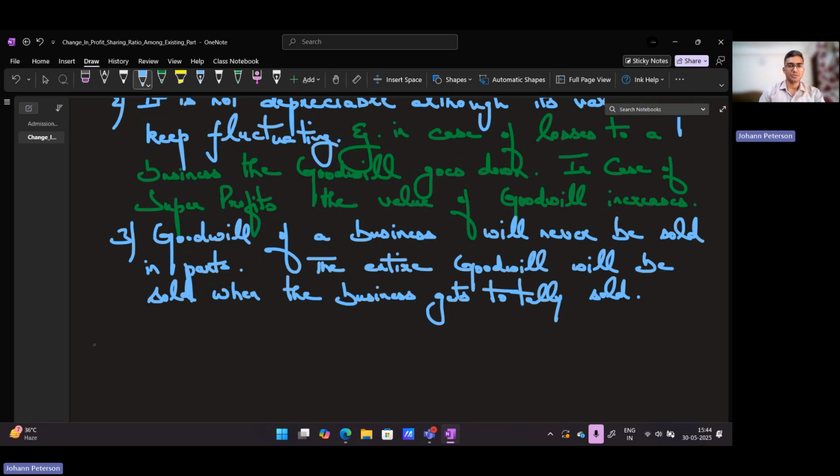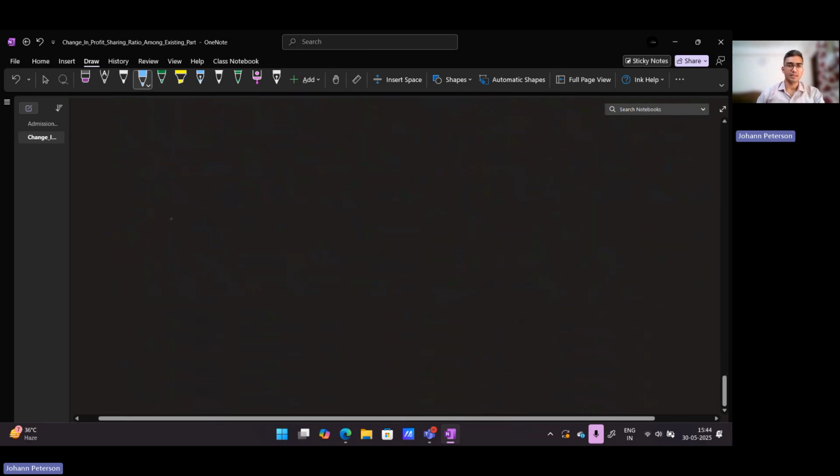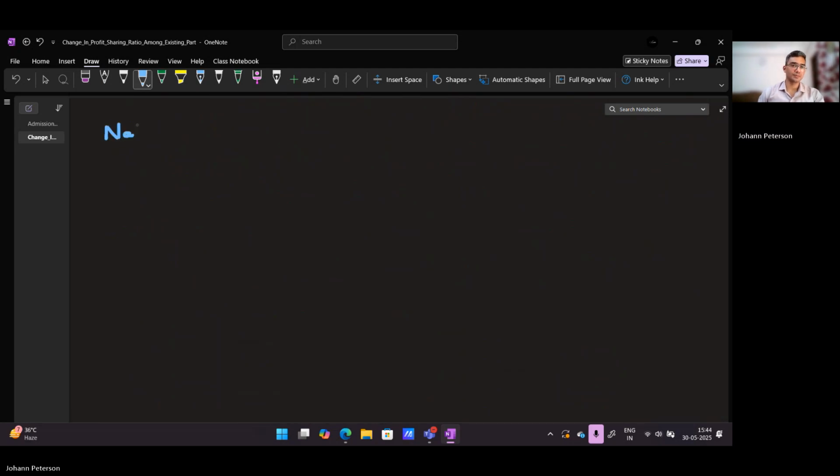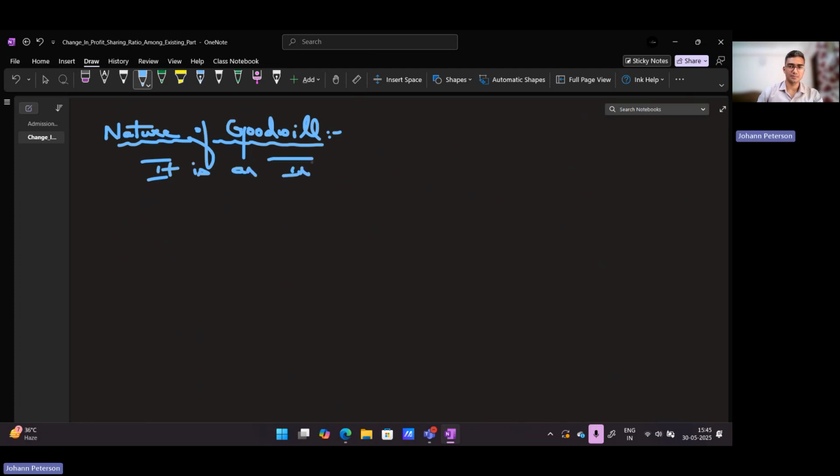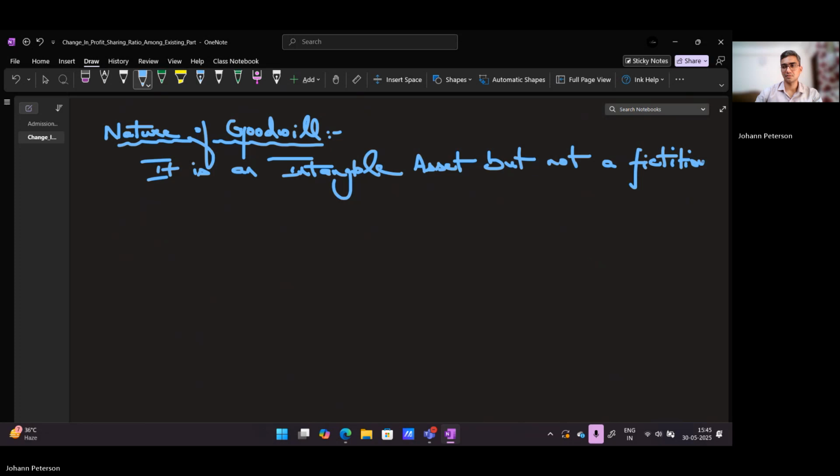Okay. Now, what's the nature of goodwill? We saw that this is an intangible asset. So, if you're asked what is the nature of goodwill, you would say it is an intangible asset, but not a fictitious asset.